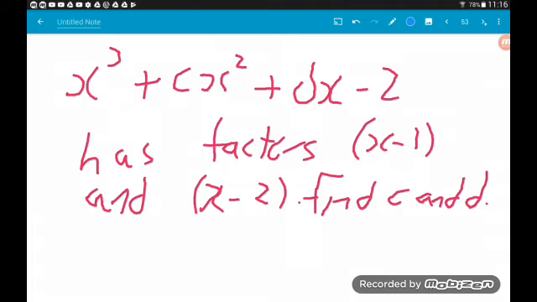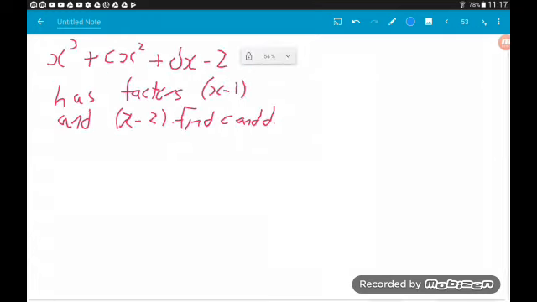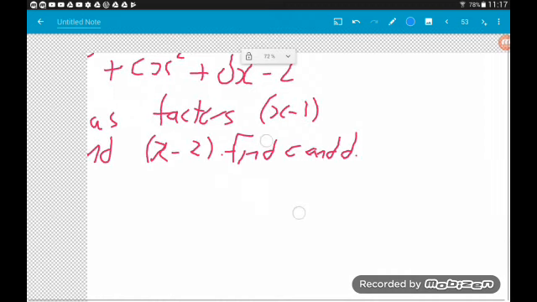So, what we're going to do here, we're going to use the fact that we know 2 factors, and we're going to substitute in the x values. We're going to end up with 2 equations in terms of c and d. So then we're playing simultaneous equations, we can then solve them for c and d. So, first up then, what do we know?